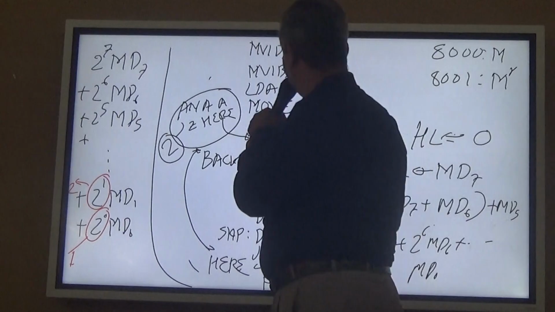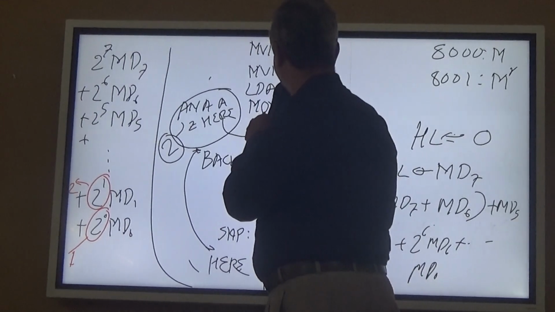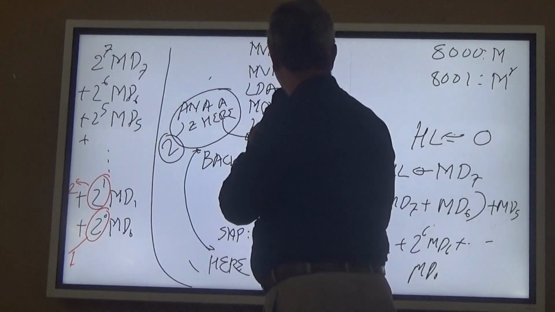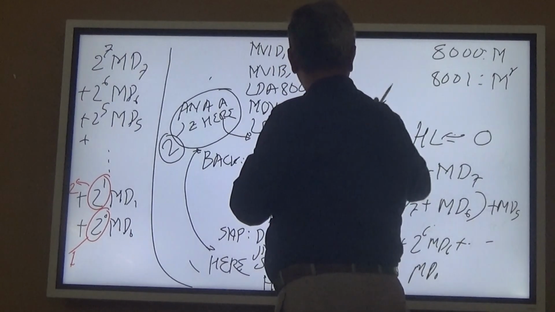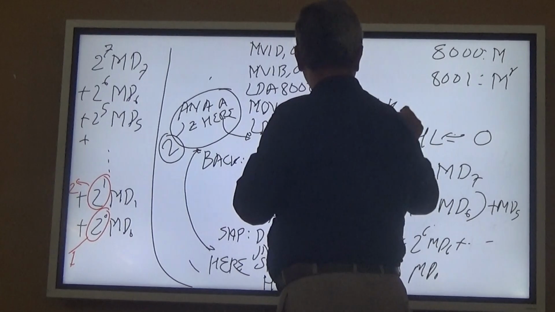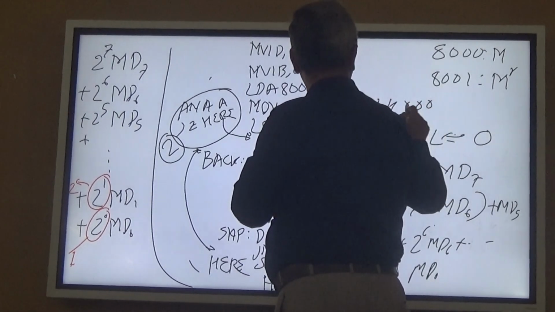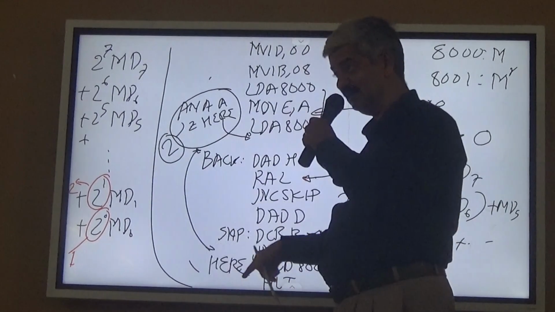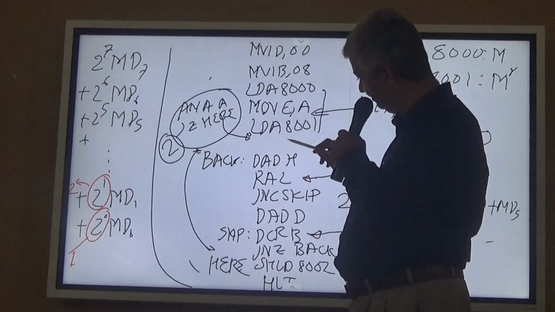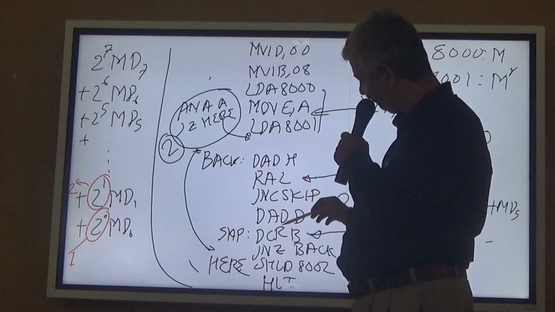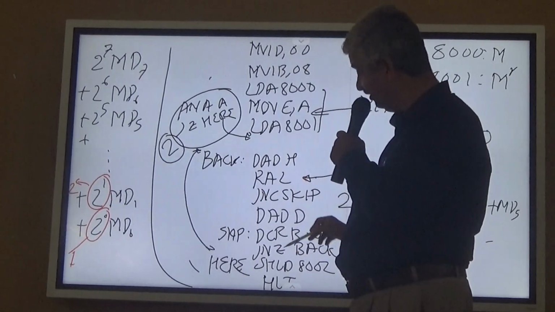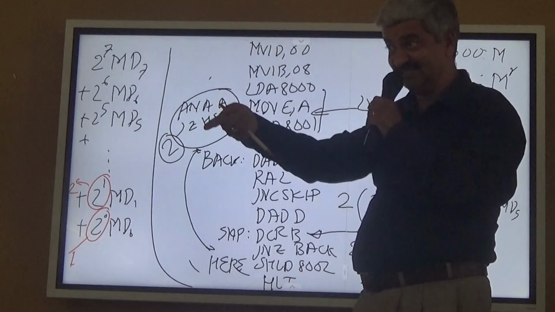In that case, if you want to use that, LXI H 00 should have been there earlier. But then 1, 2, 3, 4, 5, 6 into 8, because 8 times it gets executed.